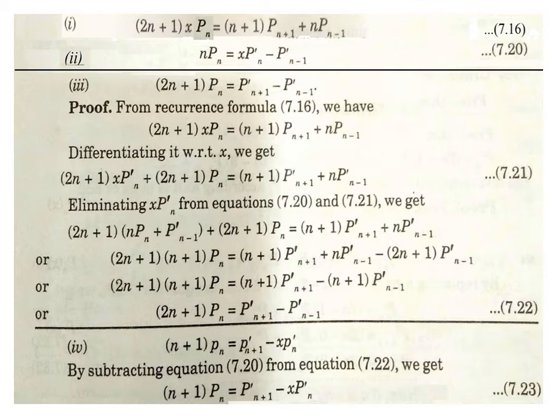Why are these two written at the top of this slide? Let us discuss. Before that, let me clarify that equations 7.16 and 7.20 are the same as they were in the previous lecture while deriving the first and second recurrence relations.